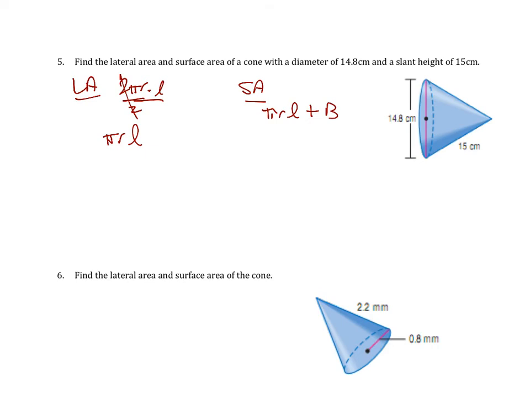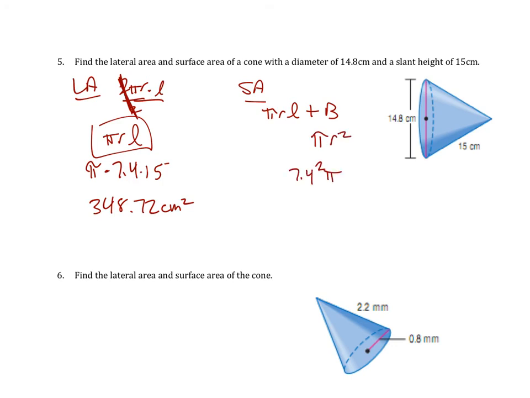So I'm going to take pi times 7.4 times 15. 7.4 times 15 times pi is going to be 348.72. Okay, and all I did to cancel out the 2's, I have a 2 on top, 2 on bottom, they can cancel out. This might be the short version of what I write in my formula sheet. So then from there, I just add the area of the base, so that's going to be pi r squared. So that's going to be 7.4 squared times pi.